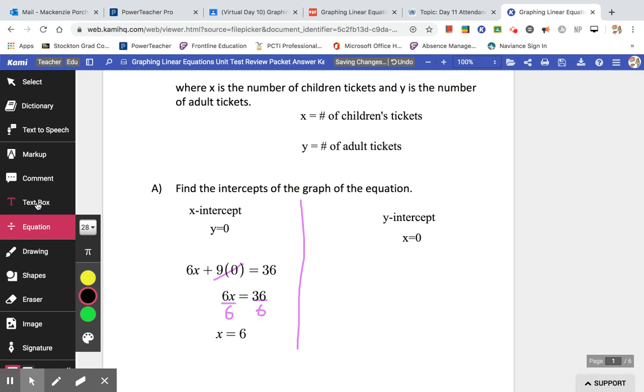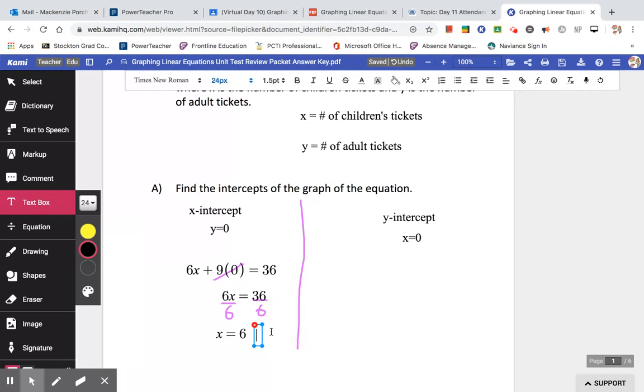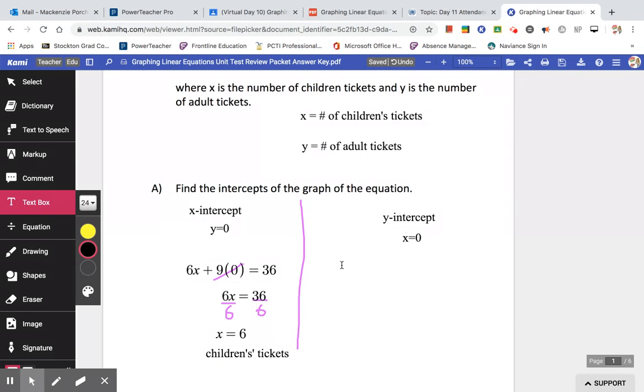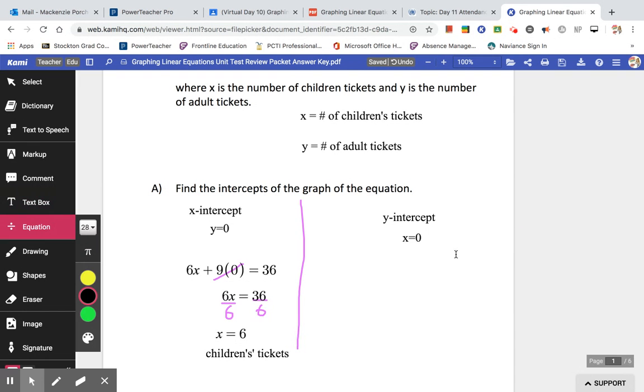And then when we label it, we know that x represents children's tickets, so it's 6 children's. That will be our label here on our x-intercept. Then for our y-intercept, we're doing the same exact thing, but instead of plugging in for y, we're plugging in 0 for x. So instead of 6 times x, it'll be 6 times 0 plus 9y equals 36.